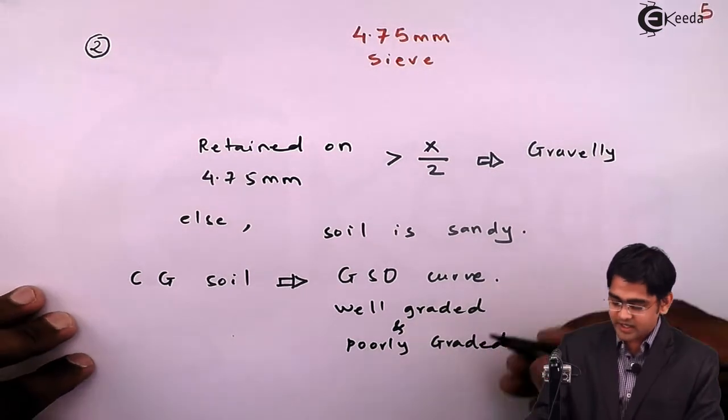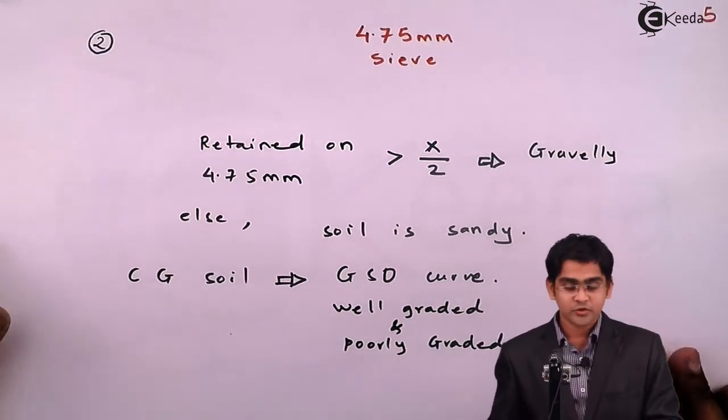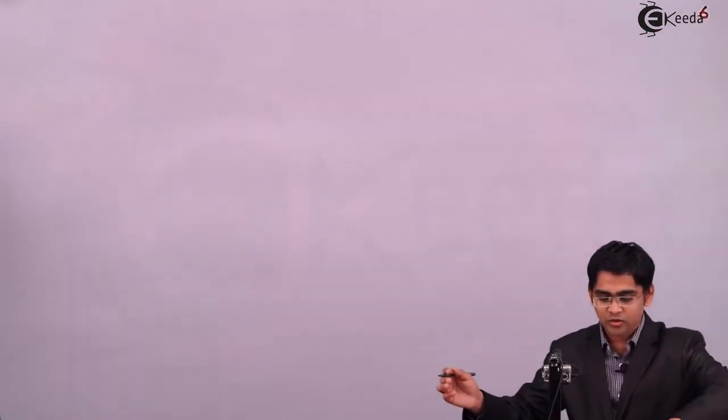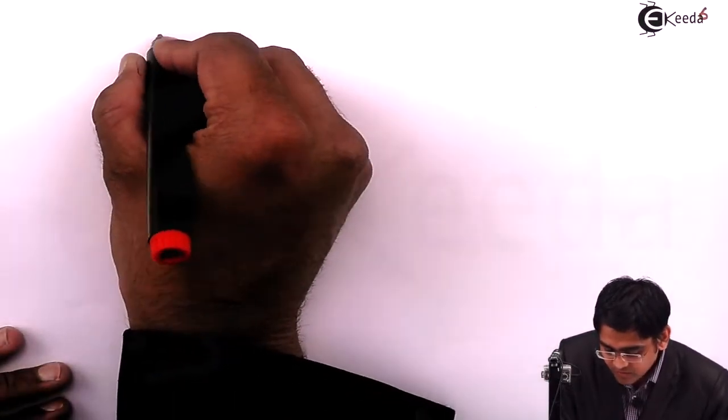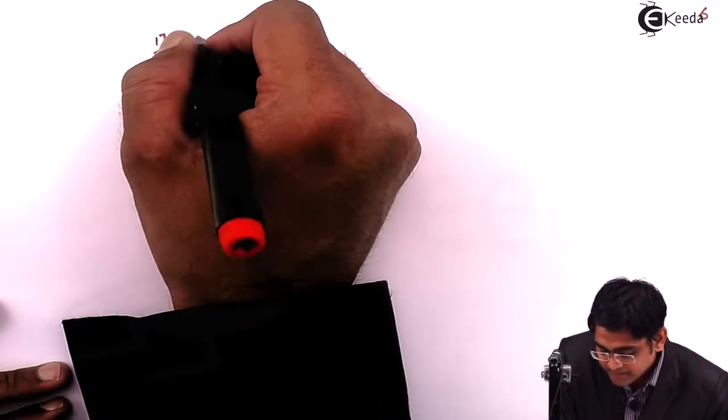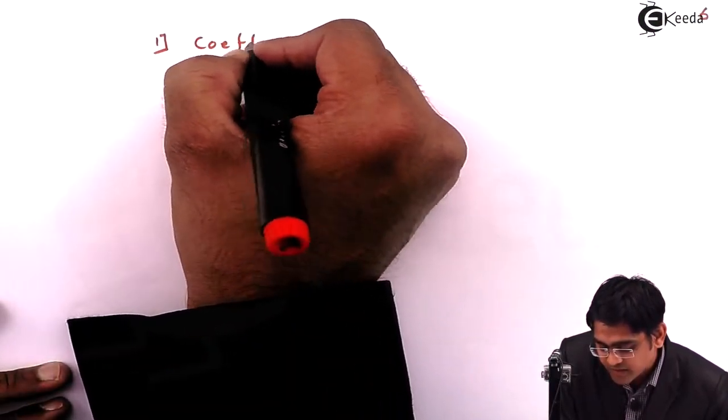You need to do this by assessing two parameters, and these two parameters are very important. One of them is the coefficient of uniformity.